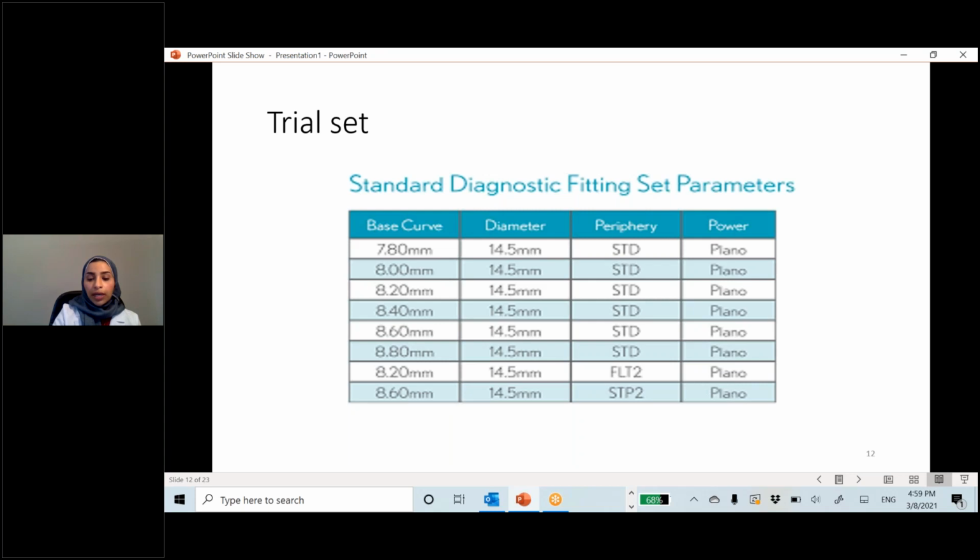The 8.2 is a relatively steep base curve, and the flat 2 is equivalent to an 8.6 periphery. This is the lens that you would actually use on the central nipple cone with a more flat cornea periphery, and we will describe in the fitting steps how you would actually determine when you would use that lens.